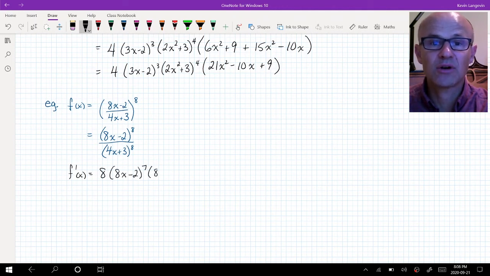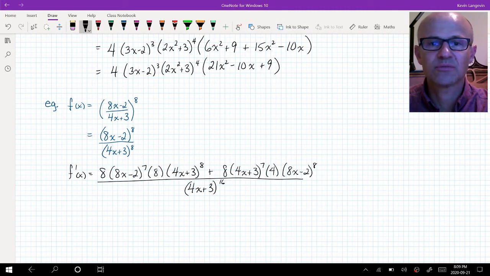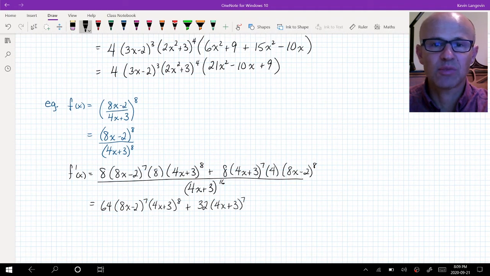There's my power, there's my chain, times the bottom, take away derivative of the bottom times the top. I wrote down a plus sign instead of a minus sign. I'll fix that afterwards. Which is equal to, we're going to clean it up a little bit. The 8 times 8 is the 64. Again, that plus in the middle should be a minus. I'll get that cleaned up on your notes so you'll see it properly.